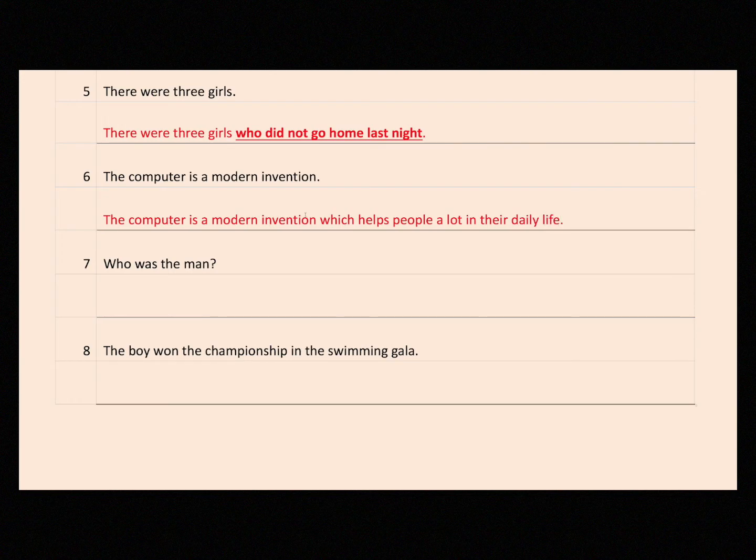Alright, so the relative clause is here. We use which to talk about the object of the sentence. A modern invention is the object of the sentence. The computer is a modern invention which helps people a lot in their daily lives.